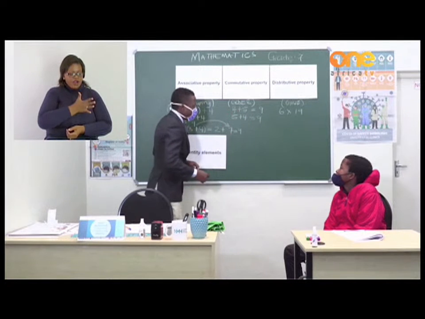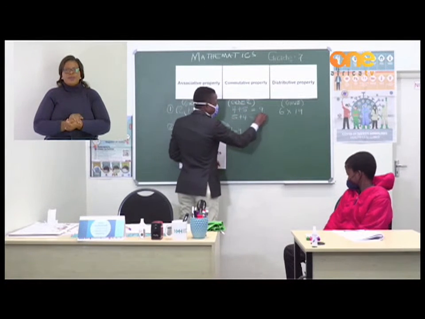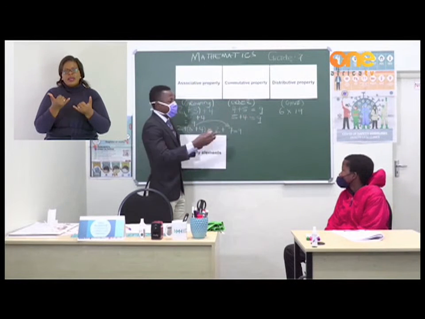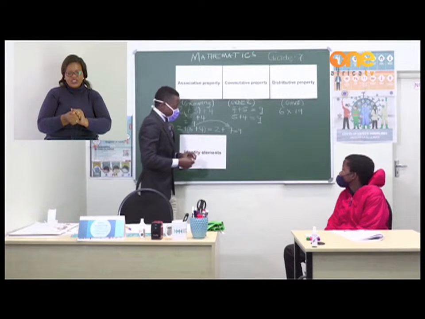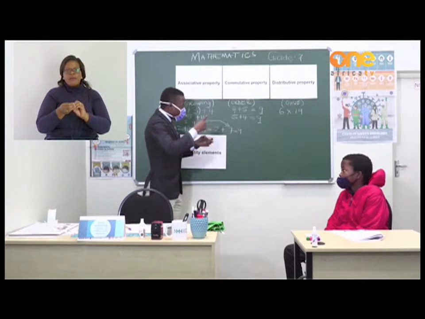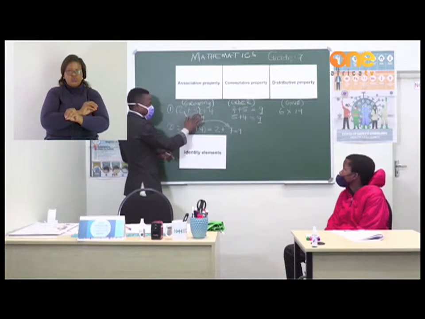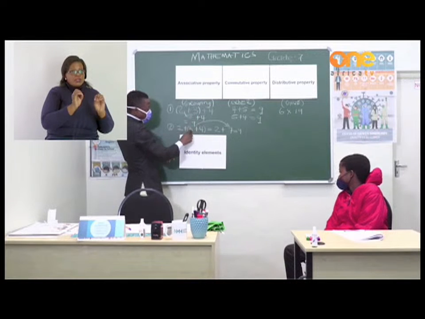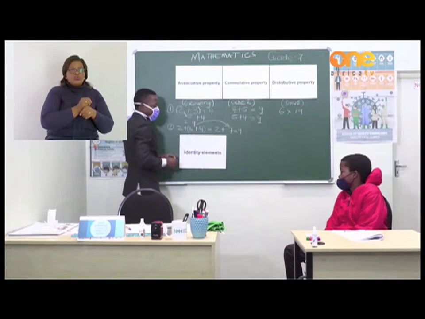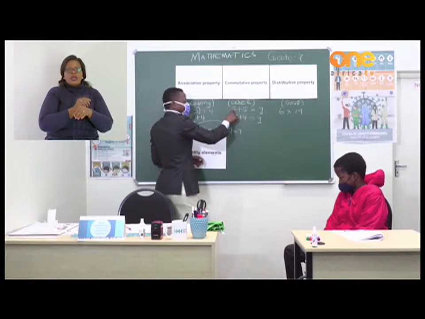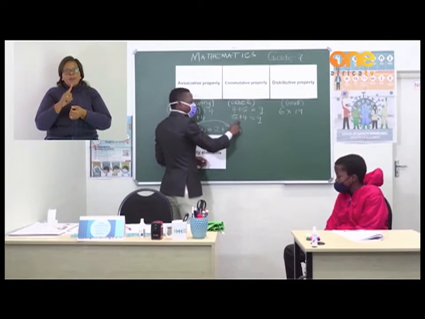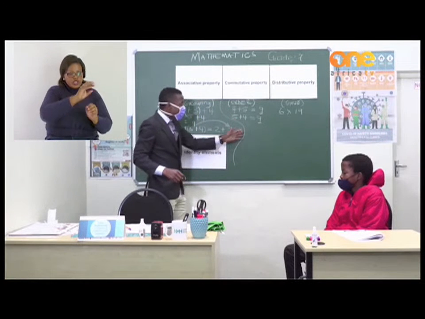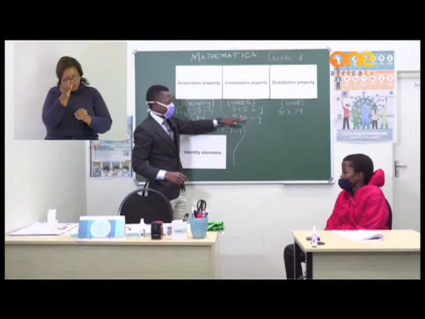Addition is the same, but I still get the same answer. So in this manner, there is some sort of changing the order. Here the order did not change. 2 was the first, 3 followed, 4 last, but here 4 has started here, but 4 has to end here. So in that manner, you can see that the order has changed.